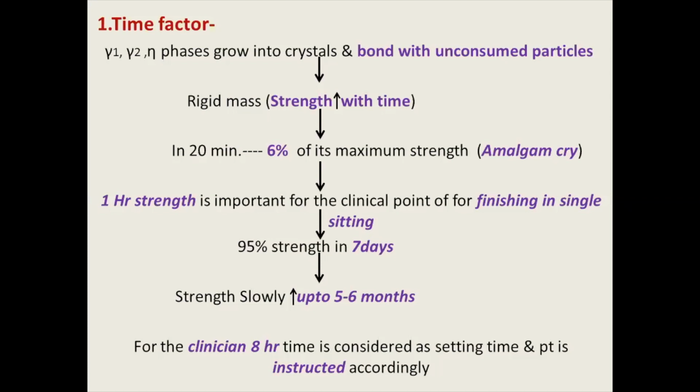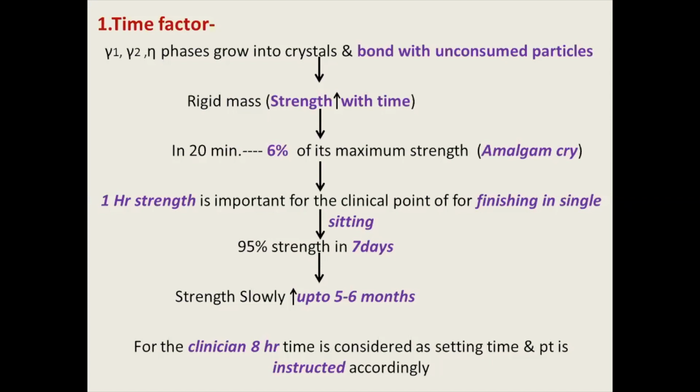This will be very helpful when you will be working on the ivory model in your preclinical conservative classes, where if you scratch the material after 20 minutes, you will hear a metallic sound, and that sound is known as amalgam cry. This time indicates that you should remove the excess of the material. So that sound is amalgam cry, which occurs about 20 minutes after the restoration.